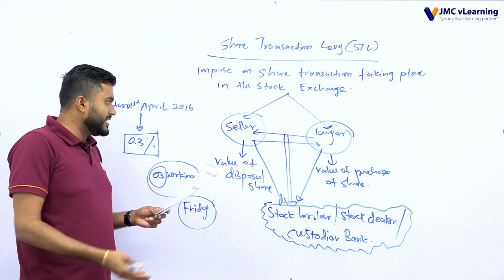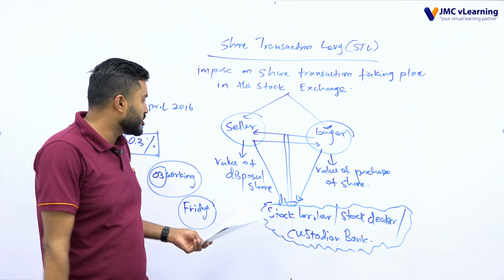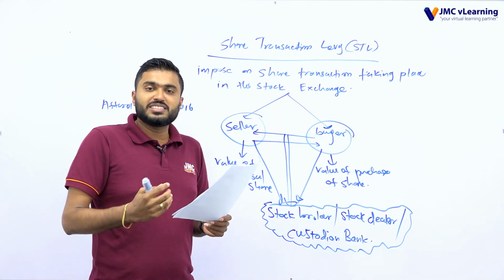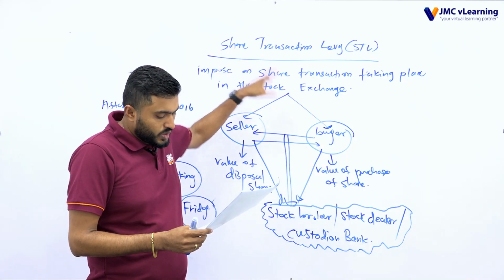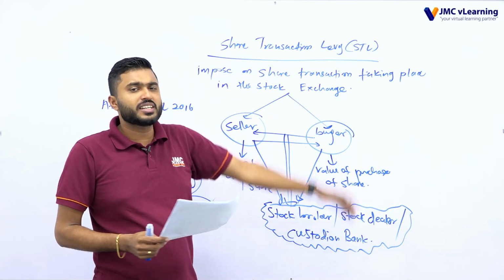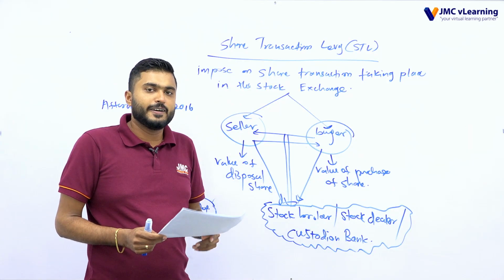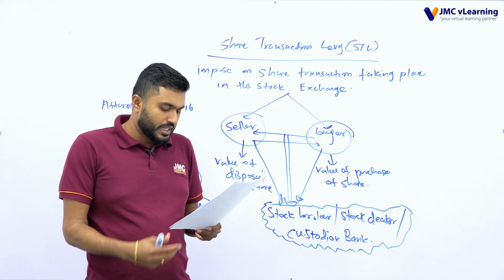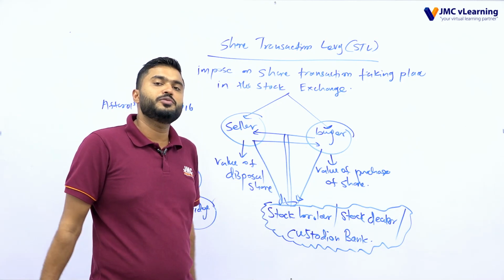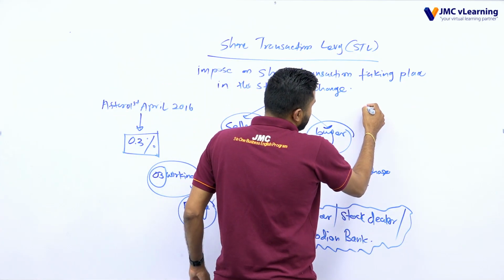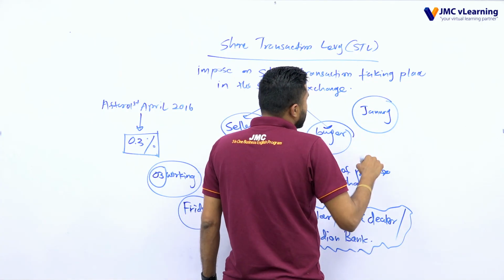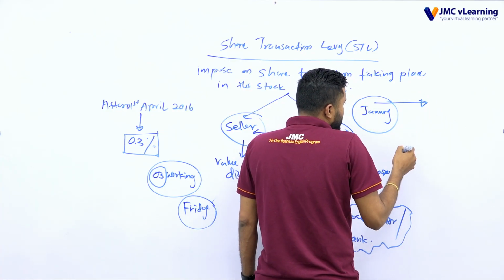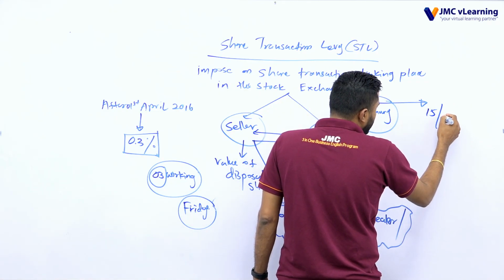Then the stock exchange, that means the Colombo Stock Exchange, not the stock broker, not the stock dealer or the custodian bank, needs to furnish the information, that means the statement regarding the total share transactions taken place for that particular month, to the Commissioner General within 15 days of the following month. For example, for January, the total summary of share transactions taken place in the Colombo Stock Exchange needs to be provided to the Commissioner General on or before 15th of February.